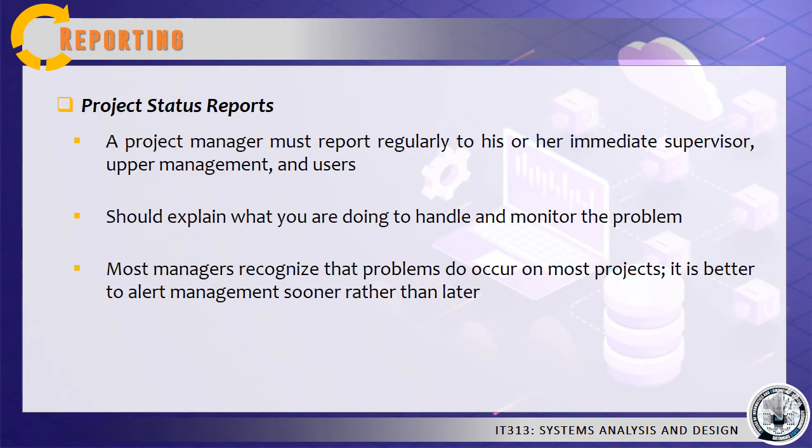The danger here is that the manager loses credibility over a period of time, and management might ignore potential serious situations. At the other extreme is the project manager who tries to handle all situations single-handedly and does not alert management until a problem is serious.